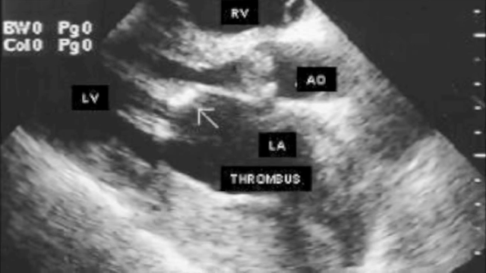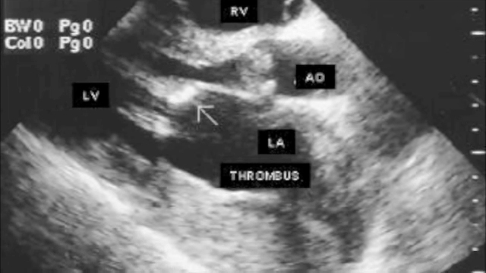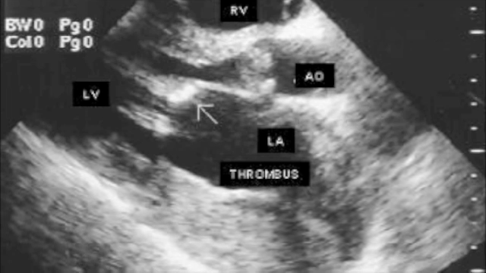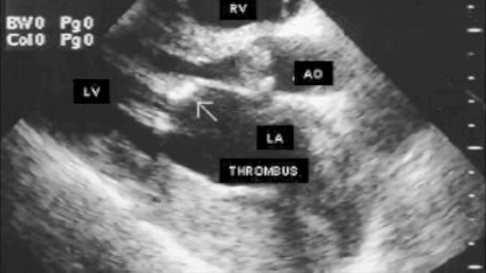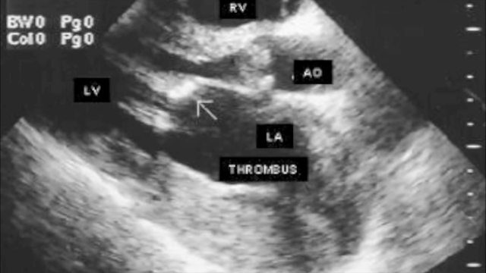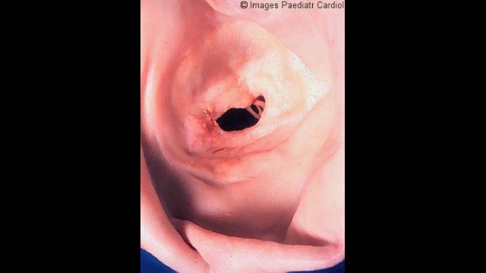On ultrasound images, you'll generally see a thickened mitral valve, as you do in this image, with dilated left atrium, sometimes thrombus formation. In chronic rheumatic fever, you eventually develop obstructive lesion, as you can see from this mitral valve.